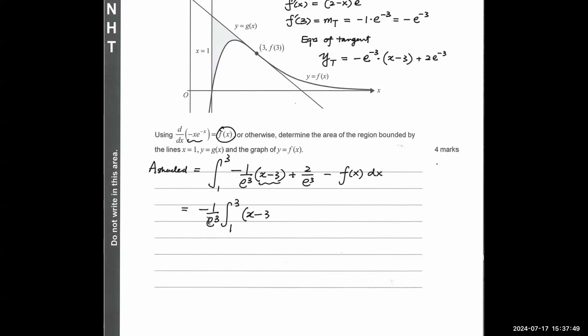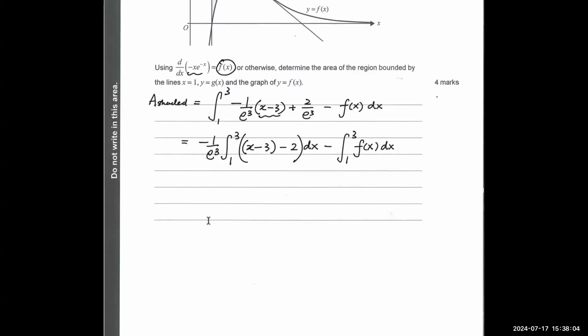Now we get (x minus 3) minus 2 dx here, okay, for the first bit. And then I will subtract integral from 1 to 3, f(x) dx. Then recognizing anti-deriving f(x) dx gives me minus x e minus x plus c, something along this line.